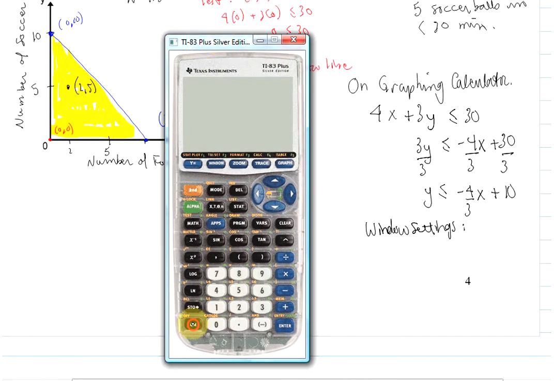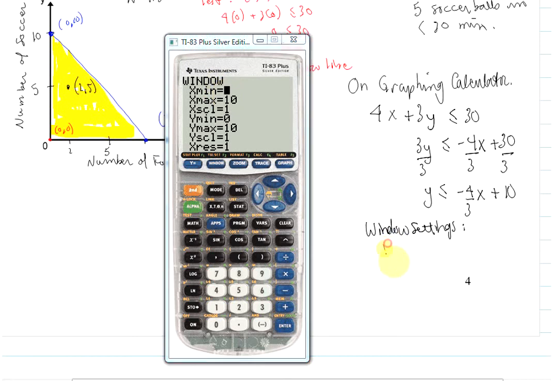So I've entered them in already. And notice that x min is 0 and y min is also 0.